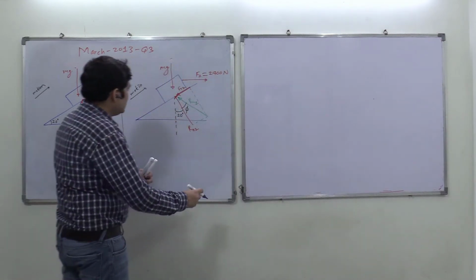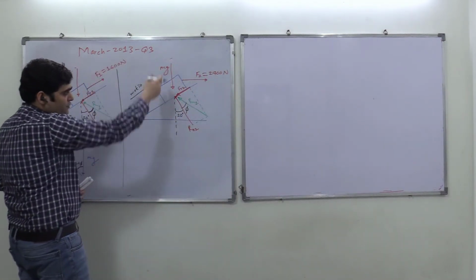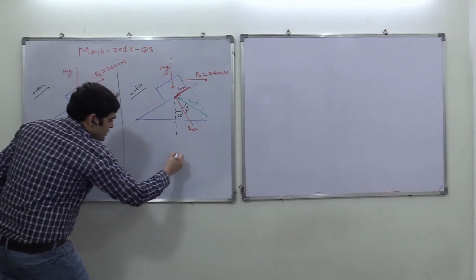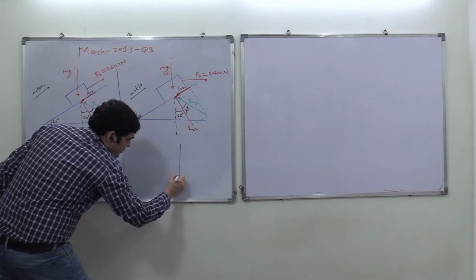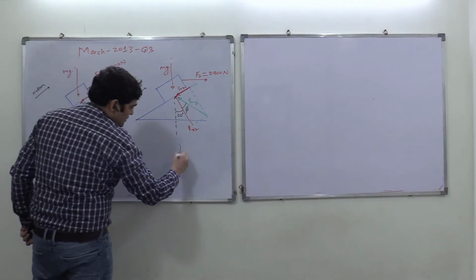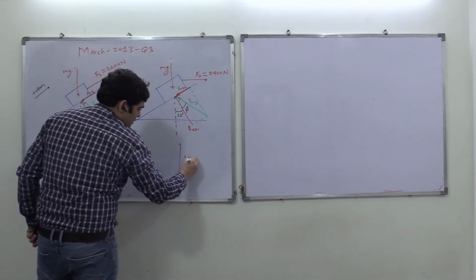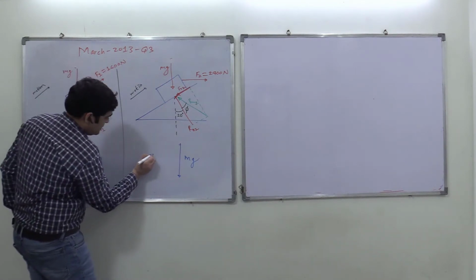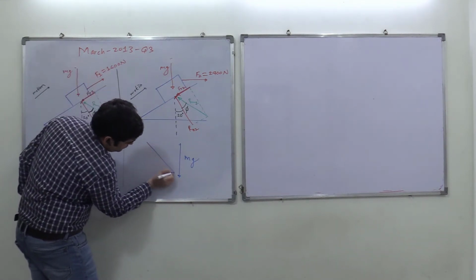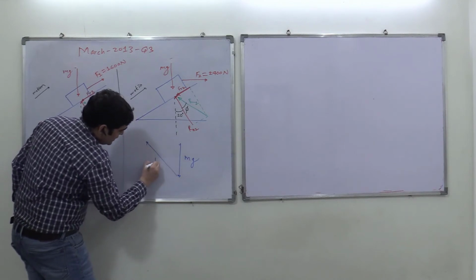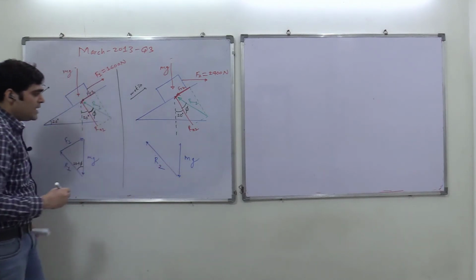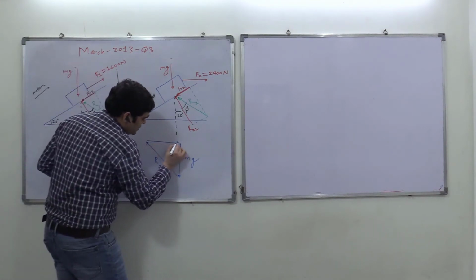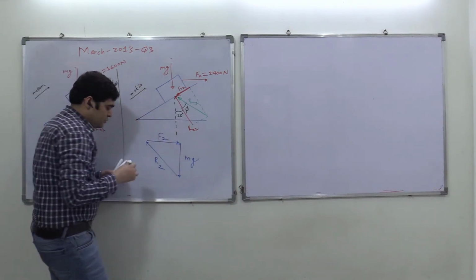Then the force vector diagram for this scenario is the same. Same mg. Then we have the resultant reaction R2. See the point here. And then a horizontal force, F2.